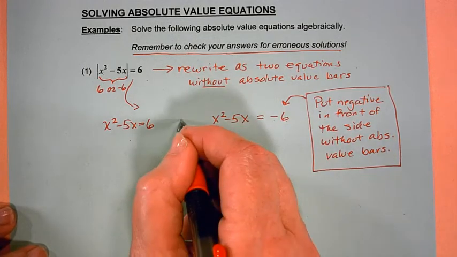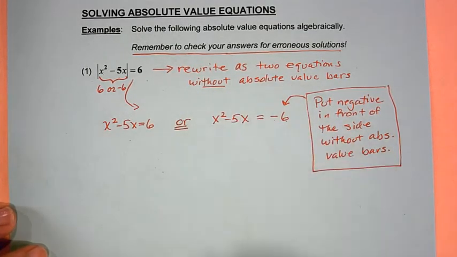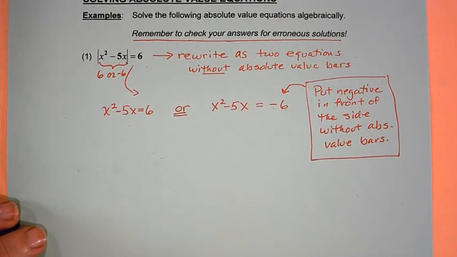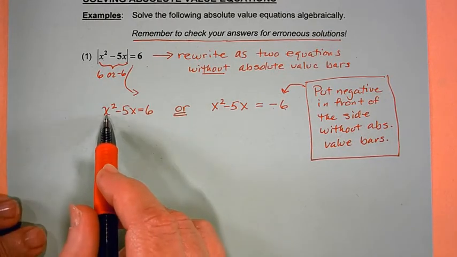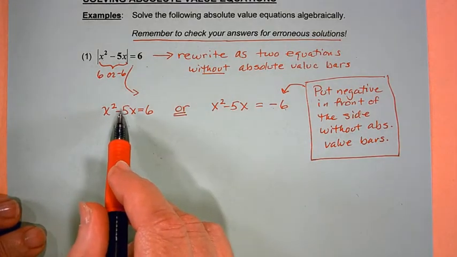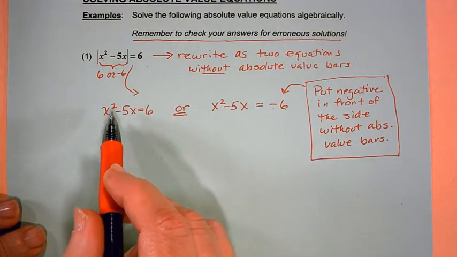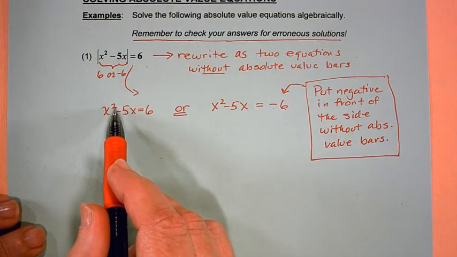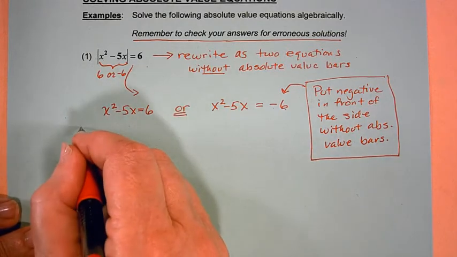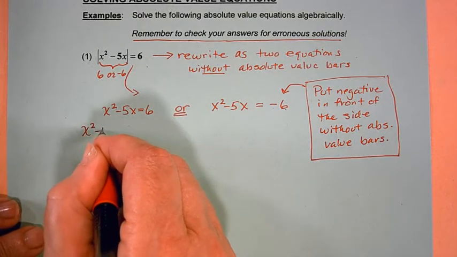So we have our two equations that we want to solve. We look at each equation individually and solve it using a technique that works for that particular type of equation. Let's look at the first one: x squared minus 5x equals 6. Obviously that's a quadratic equation. We're going to solve it algebraically, which means we've got to get 0 on one side and everything else on the other.